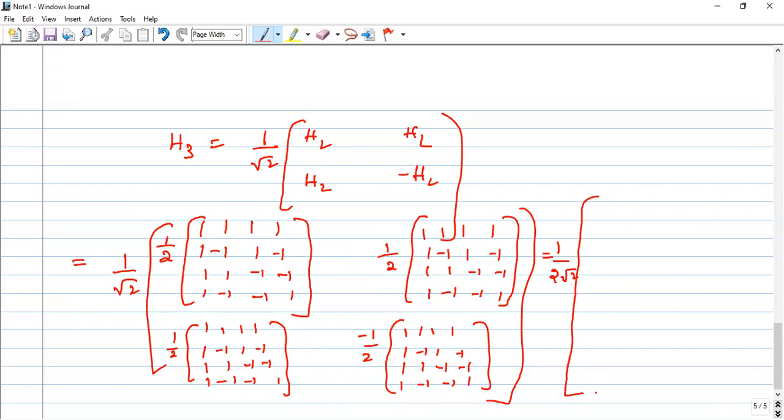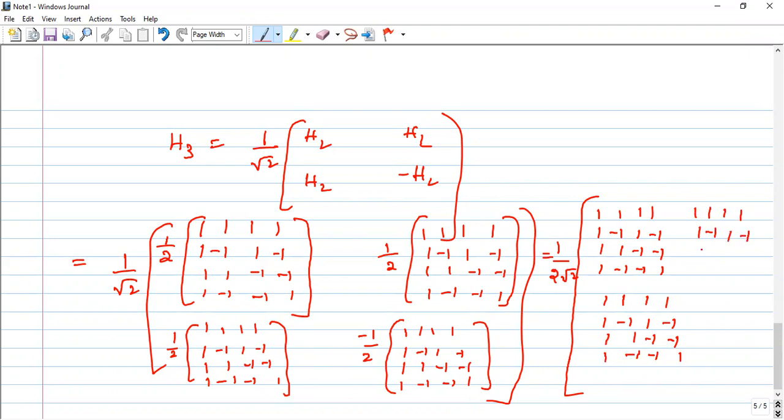Now substitute just the values, remove the brackets. So the first four rows are 1 1 1 1, 1 minus 1 1 minus 1, 1 1 minus 1 minus 1, 1 minus 1 minus 1 1, repeated for the upper half.